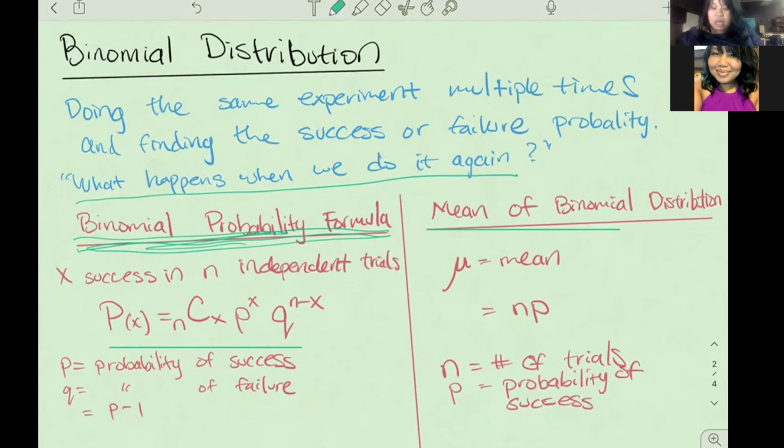The mean would be found with n times p, where n is the number of trials and p is the probability of success, right? Because we're trying to find the average. So you're going to find the probability of success and multiply it by the number of trials you conducted, and that finds the mean of your binomial distribution.